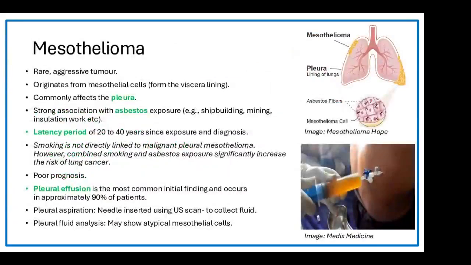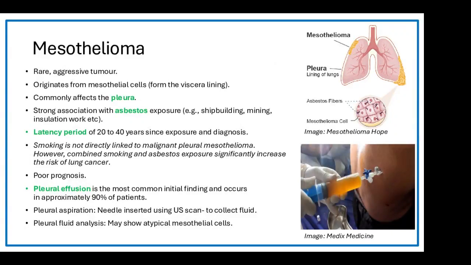Okay, so the next cancer is mesothelioma, and it is a rare and aggressive tumor, and it commonly affects the pleura. So it's not a cancer in the lung itself, it's a cancer in the pleura. And as the name suggests, it originates from the mesothelial cells, which are essentially cells that form the visceral lining. It is commonly associated with asbestos exposure.